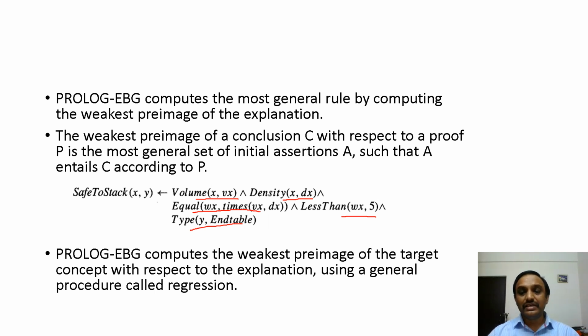That is step by step: first we take the initial assertions, then the next step, what positive examples are required, and finally we go to the conclusion phase. The main thing we have to consider is the regression procedure.